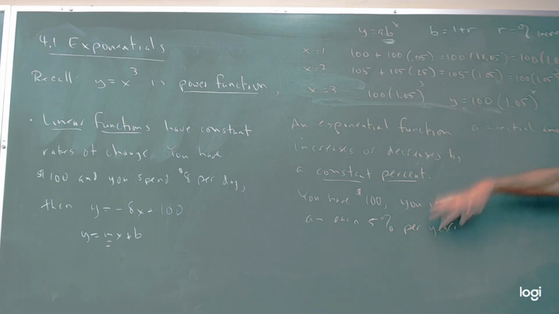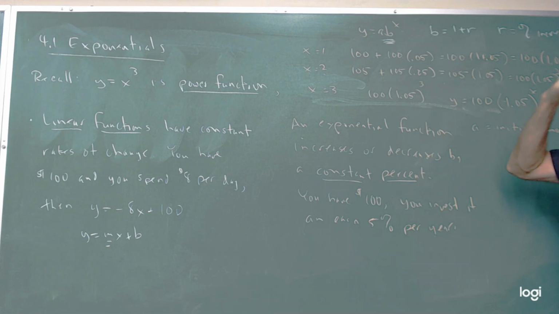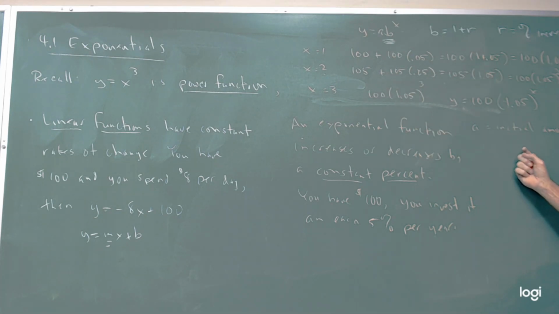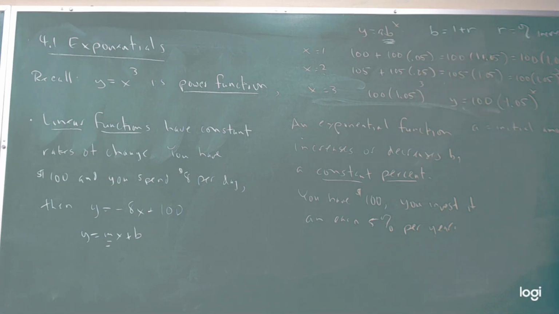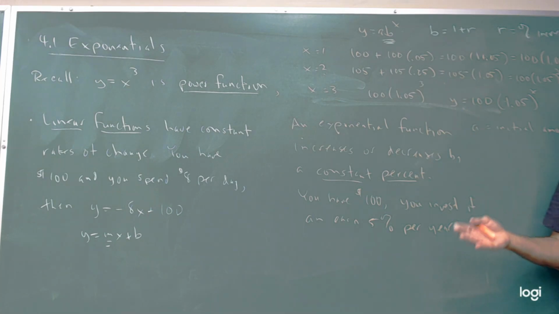So if this is decreasing, then instead of adding that percent change, 5% was what this was increasing by, we made it into a decimal, 0.05, to actually do arithmetic with it. So the percent changes to a decimal. This r holds that percent in it. So anytime that b is bigger than 1, then how much bigger than 1 it is tells us the percent that it's increasing by.